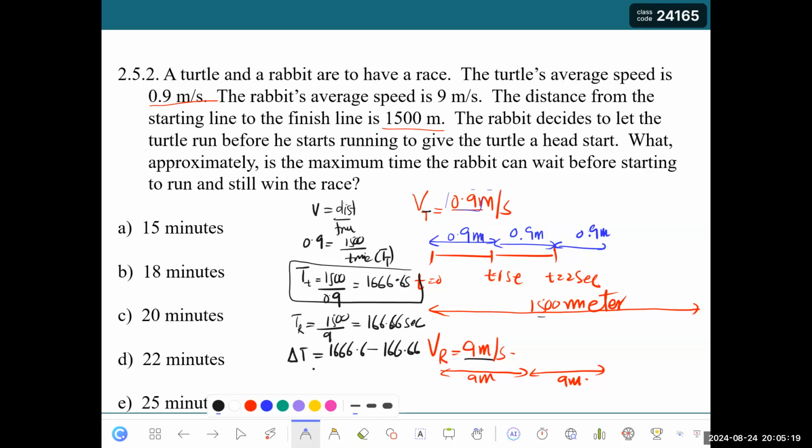If you take the delta, it's going to give you 1500 seconds, and you want to convert the seconds into minutes. We already learned you can take this divided by 60. So the answer is 25 minutes. The rabbit can wait until 25 minutes. If he waits a little bit longer, he might lose the race. He has to start running right around 25 minutes after the turtle starts running.